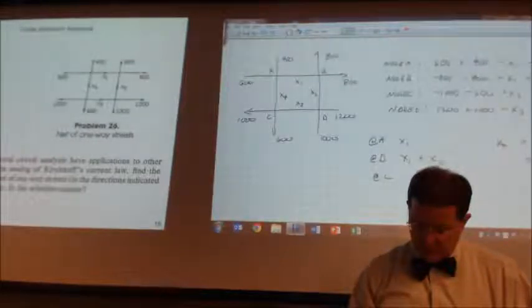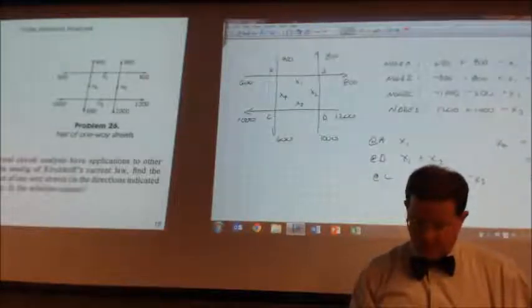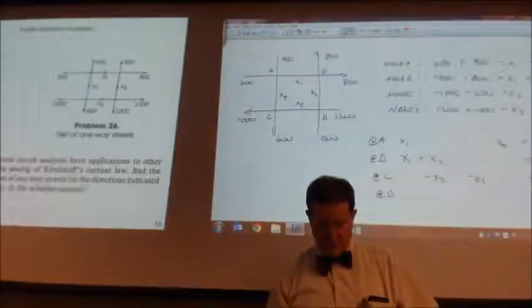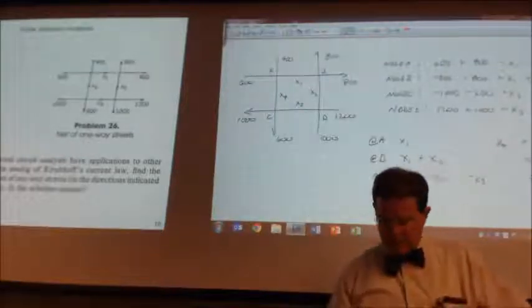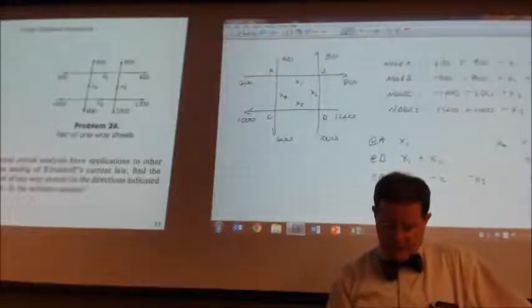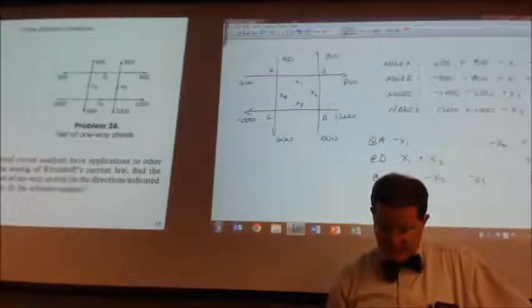C, we have minus x2 minus x3 equals minus 1,000. You can move it over to the other side. No, because I moved it over to the other side. And then, well, x1 and x4 are negative. x1. You're right. Oh, actually. Yeah.